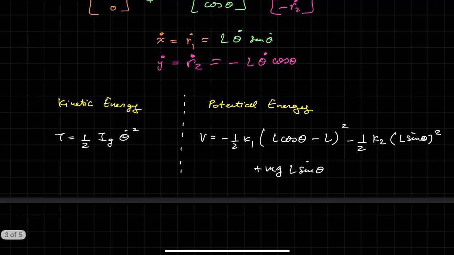I express all the coordinates in function of theta. The minus sign is obviously for the reason that the hook is always pushing back, wherever you go, and the potential energy depends on the frame.